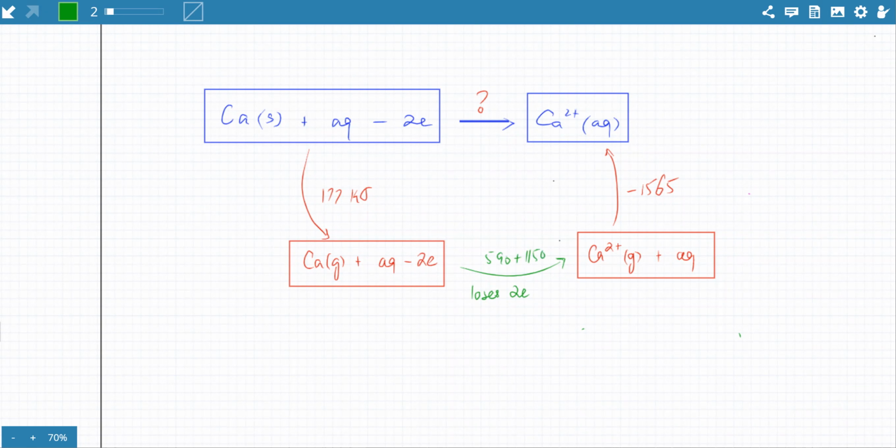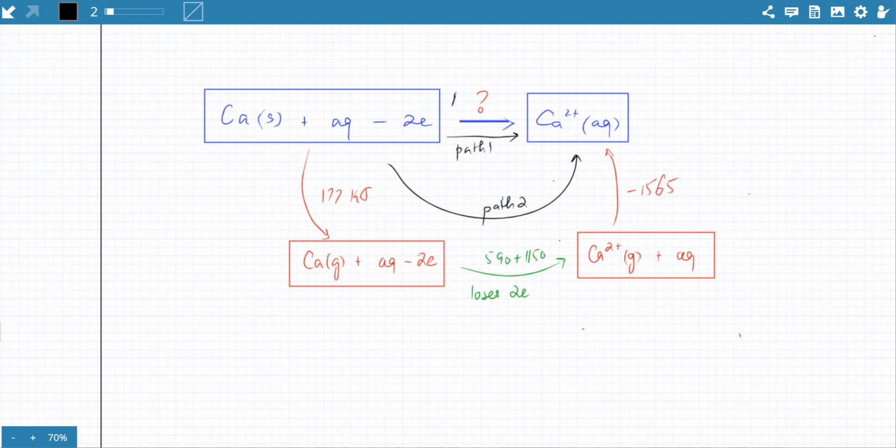So what was Hess's law? Hess's law was that if you want to figure out this path, let's call it path number one, then the enthalpy change of this other path is going to be exactly the same. Both paths are going to be equal.